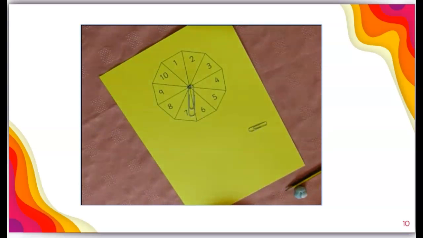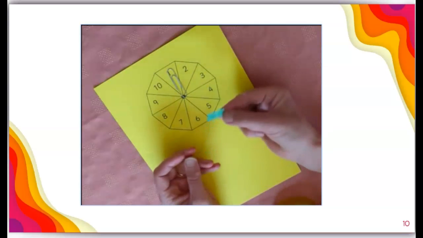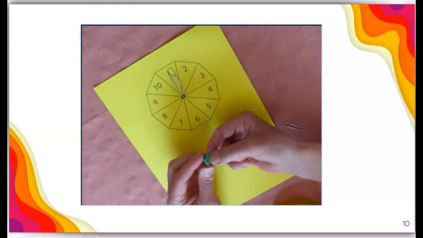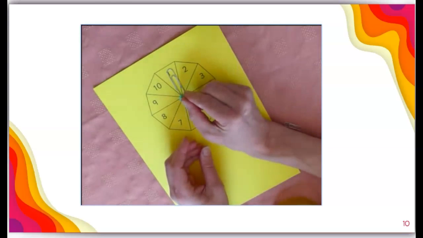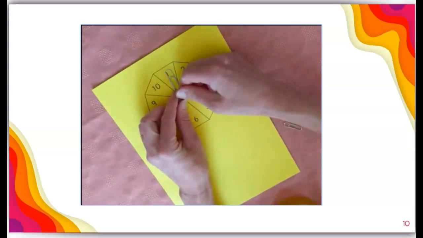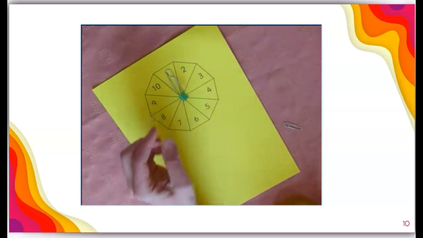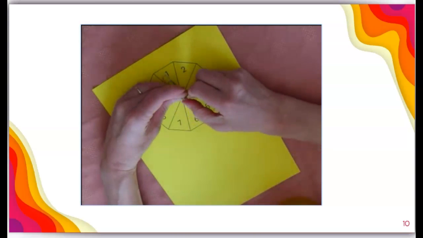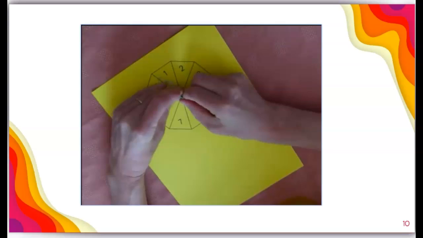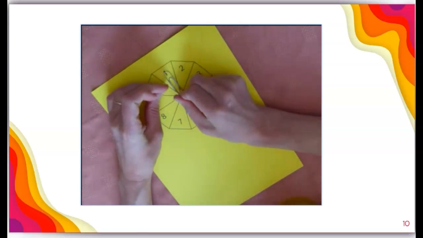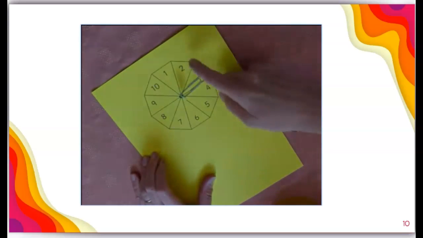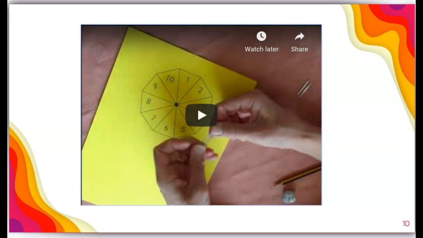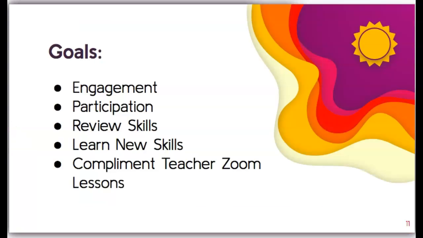Then to finish, to cover up the sharp edges, I've just got a very small piece of card, I've folded that in half, and I can tape that over the top with some sellotape, which is a little bit fiddly. There you go, your spinner. And those are just a couple of different ways. There are others out there as well, so check them out.